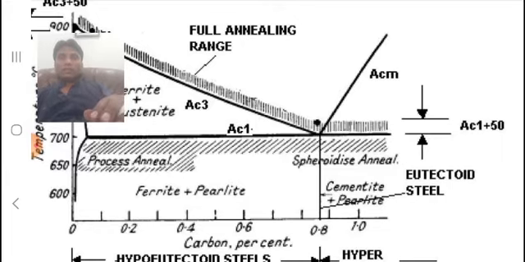Therefore, the cementite is not converted into carbon globules or spheroids. Generally, spheroidized annealing is used to induce softness, to alter ductility, toughness, and machinability, to produce a definite microstructure.